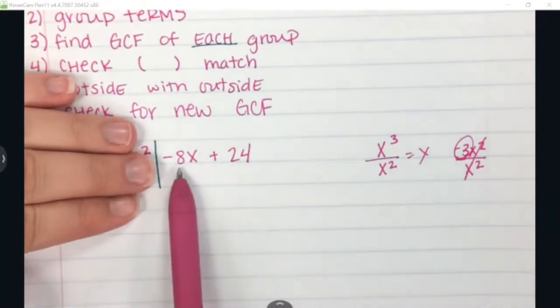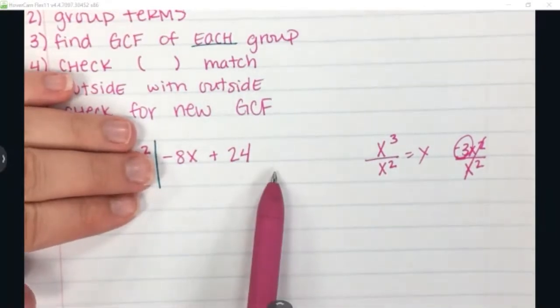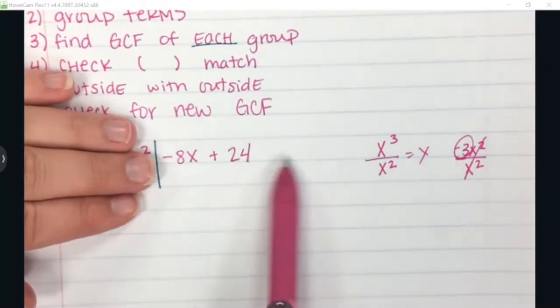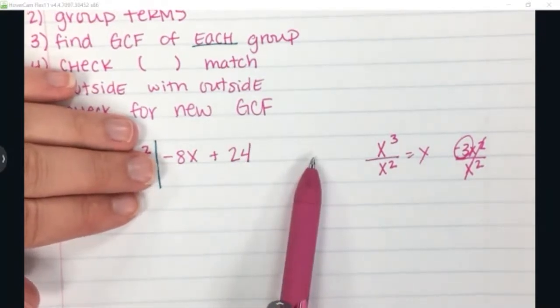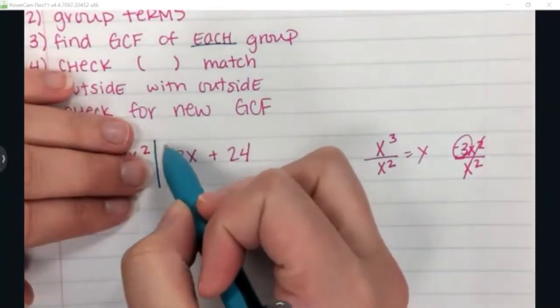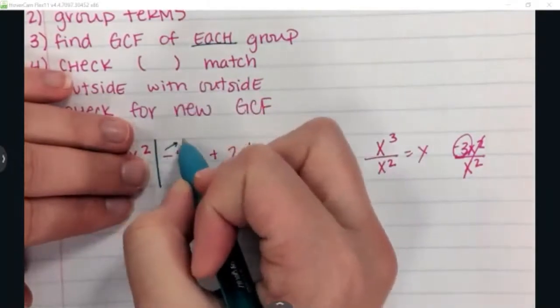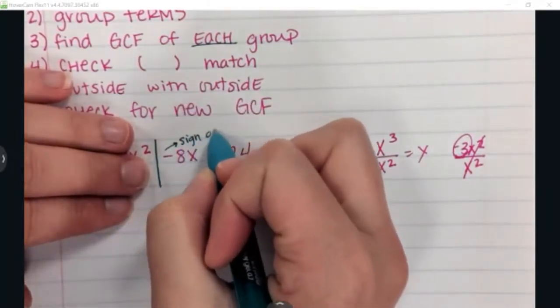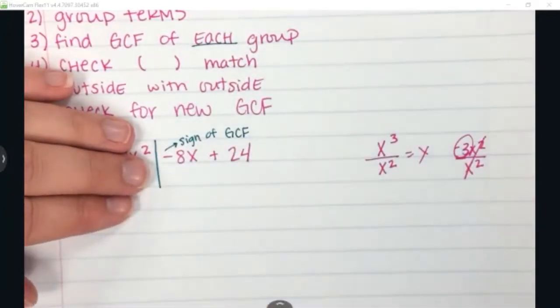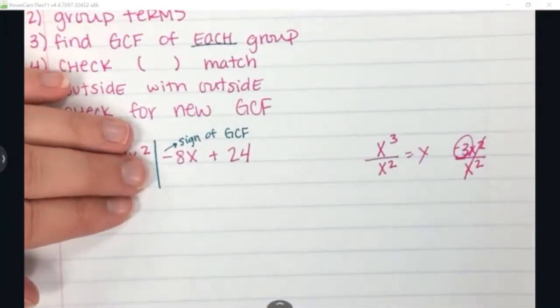Negative 8x plus 24. What do they have the same? What can I divide both of these by? 8. But listen, whatever this first symbol is has to be the sign of the GCF. So I'm not dividing by 8. What am I dividing by? Negative 8.